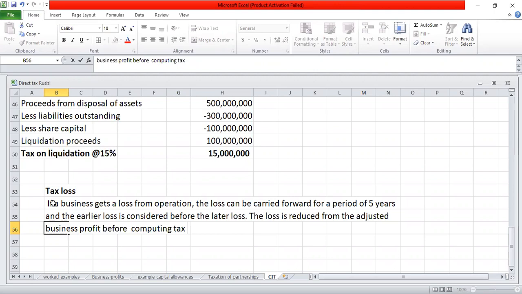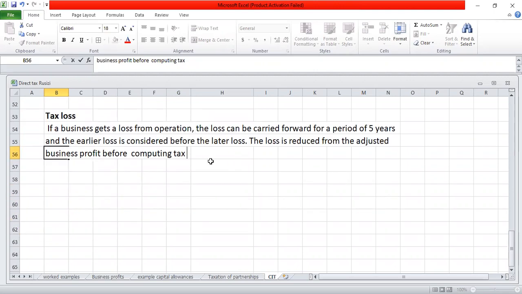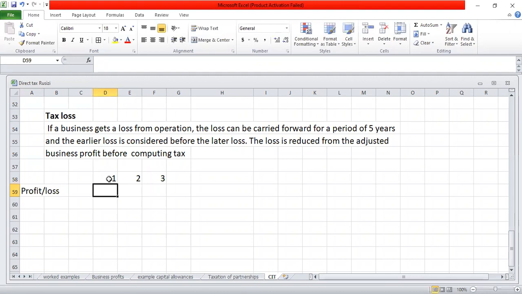So if you have a loss, probably year 1, year 2, these are year 3, and maybe you have profit here or loss. Year 1, we made a loss of 10M.